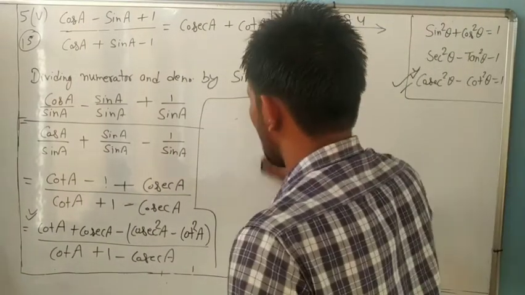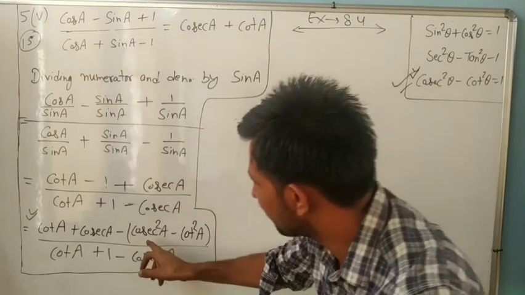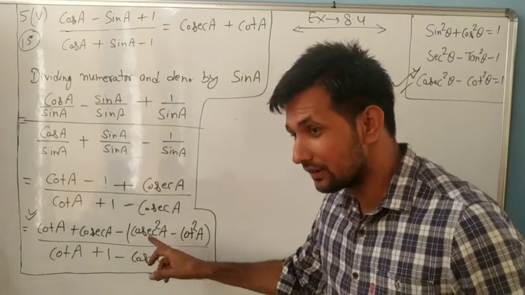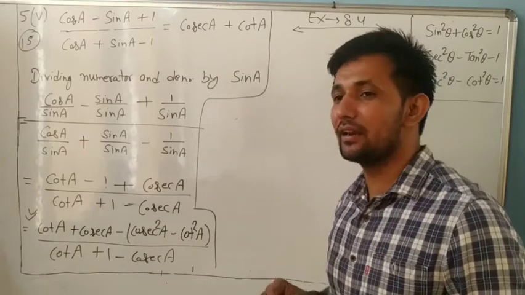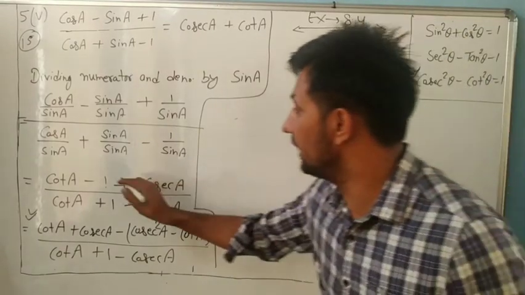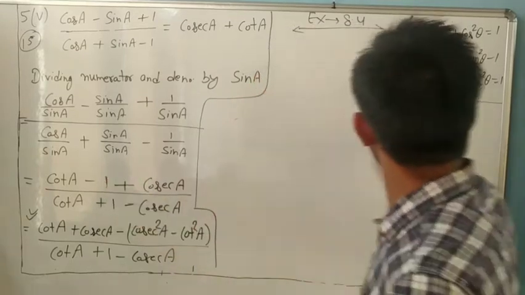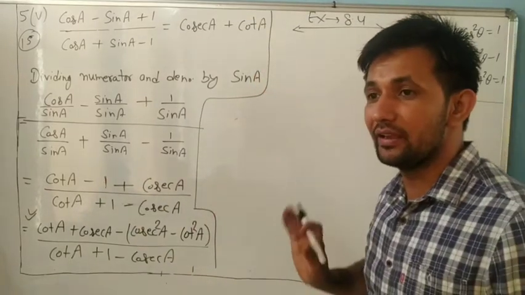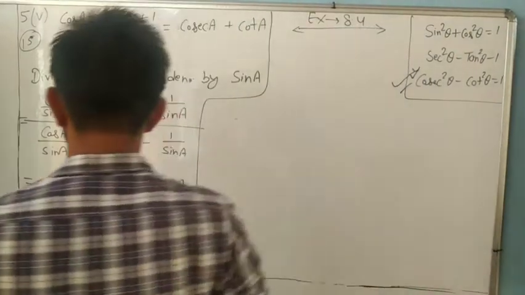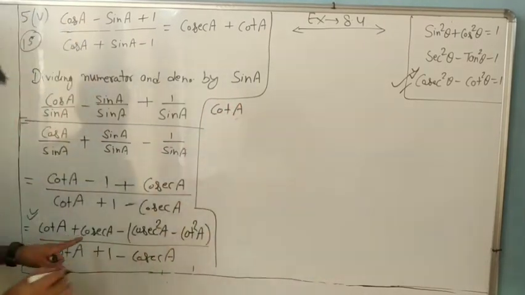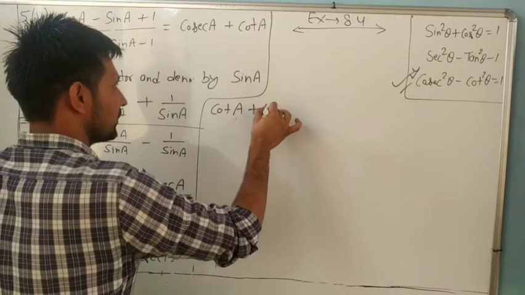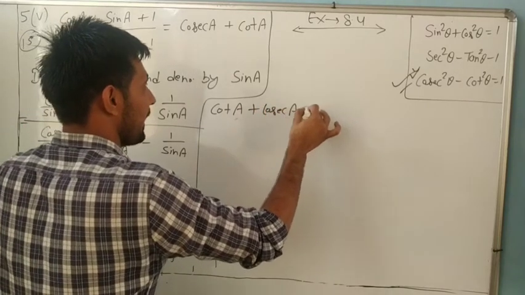Look at now, it has become A square minus B square. Okay, dear? Always use the identity, you will write 1 equal to this one in the question. Next, dear, look at cot A plus cosecant A and now minus.